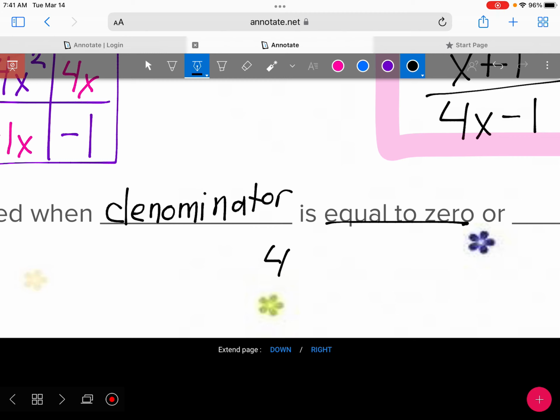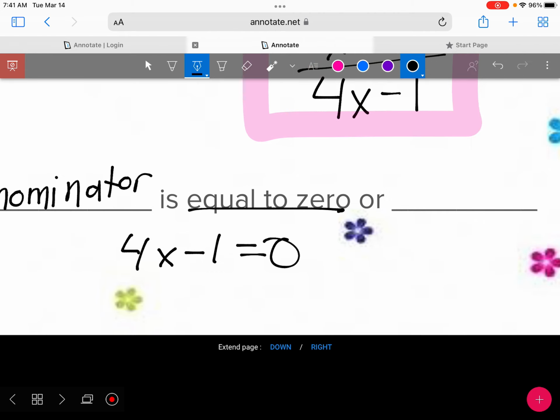So when does 4x minus 1 equal 0? Not when x is 0, but I see where you're thinking that. It's when 4x minus 1 equals 0. So how can I figure out what x is? What can I do to get x by itself?